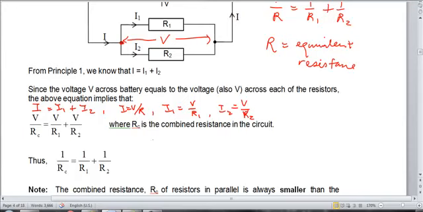Substituting these terms and cancelling away the V's, you end up with this equation.